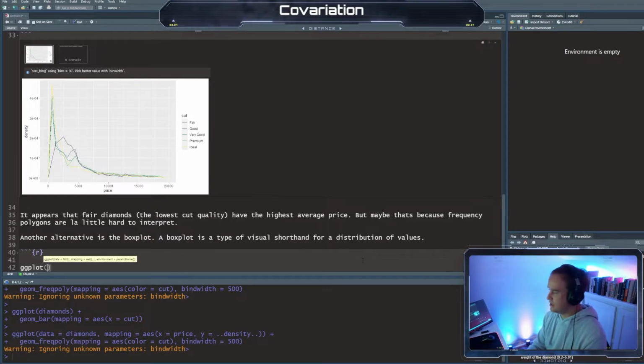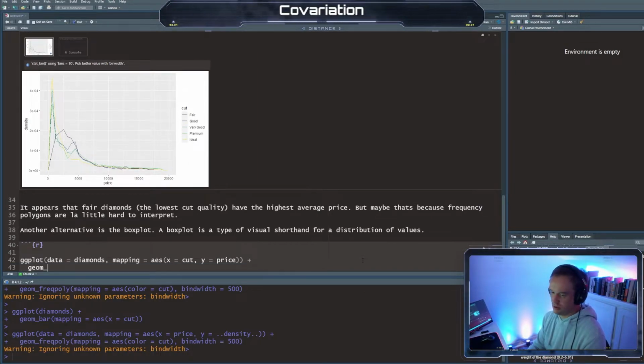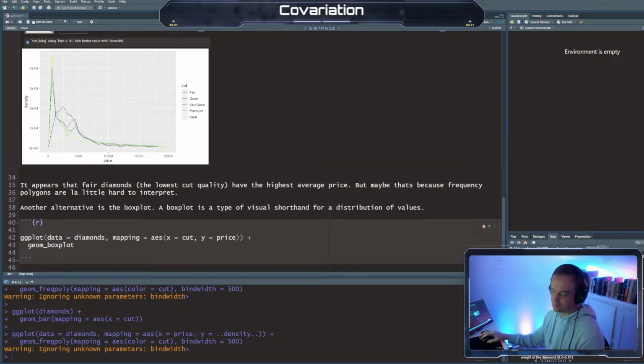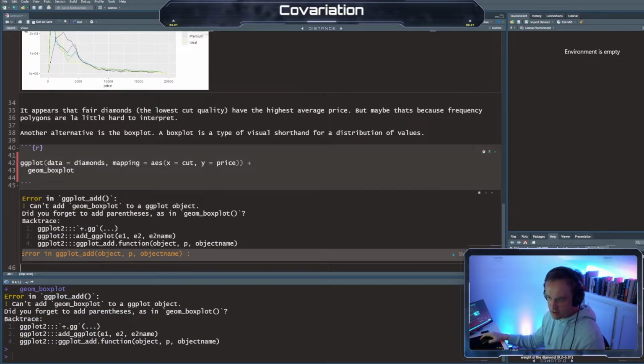So ggplot, data equals diamonds, mapping equals aes, x equals cut, y equals price, and then we're going to add geom_boxplot. What's wrong here?